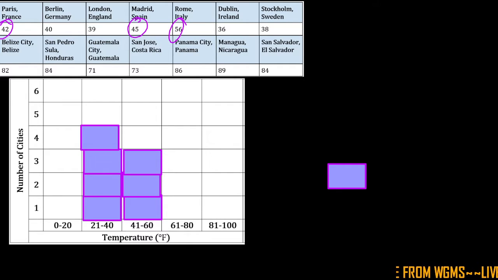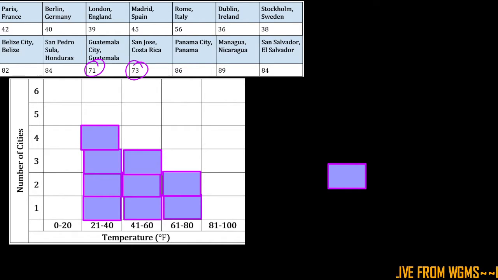And so now after that, how many cities are in the temperature interval between 61 and 80 degrees? So let's count these up. Well, I have 71, which is Guatemala. I have 73, and those are the only two that are between that amount. And that's totally fine. Again, it's just a different spread of values.